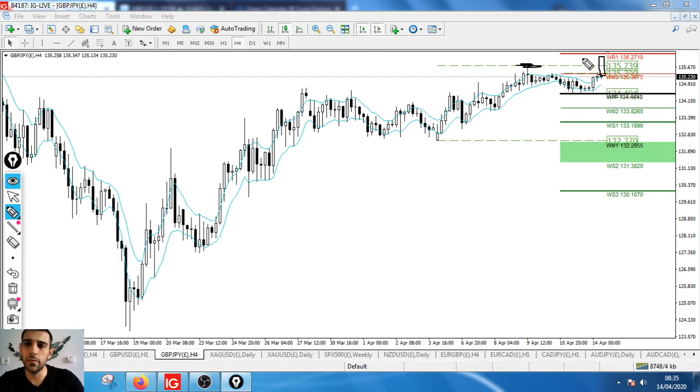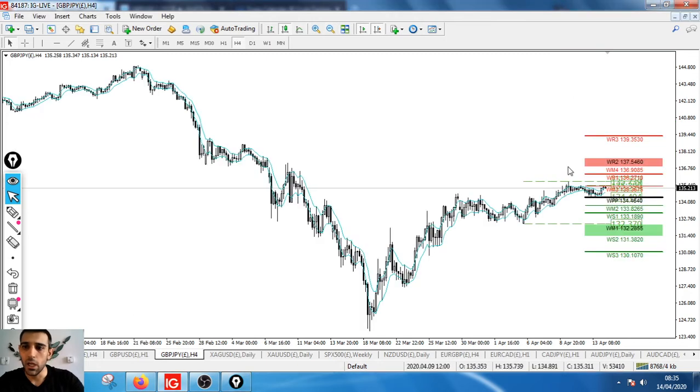And if that happens, then I want to see a bit of a retracement. That will be more after it's closed the 8 a.m. candle, which is another 3.5 hours.